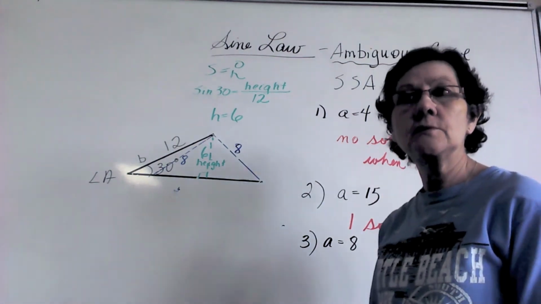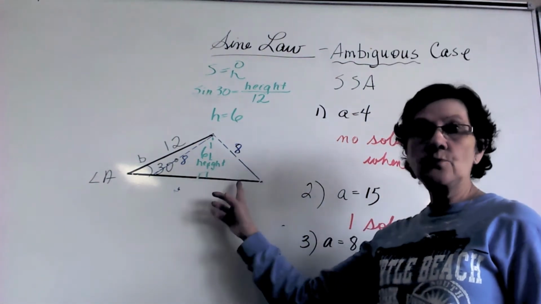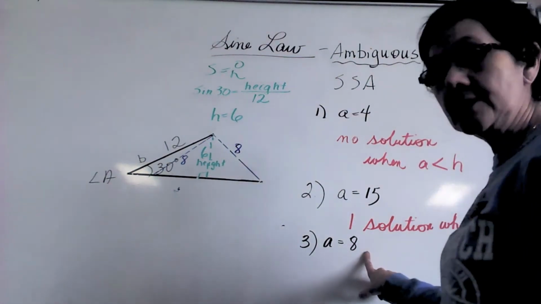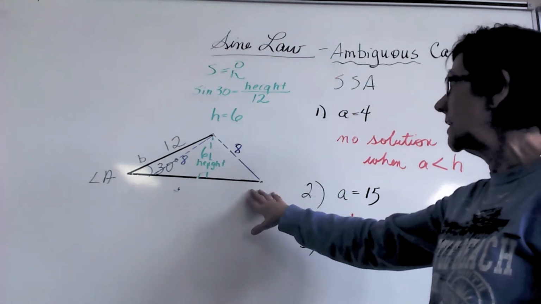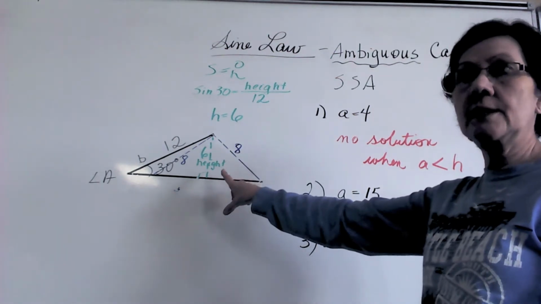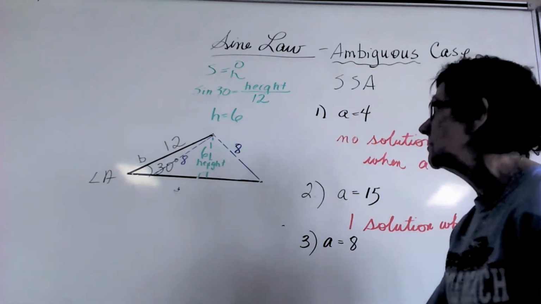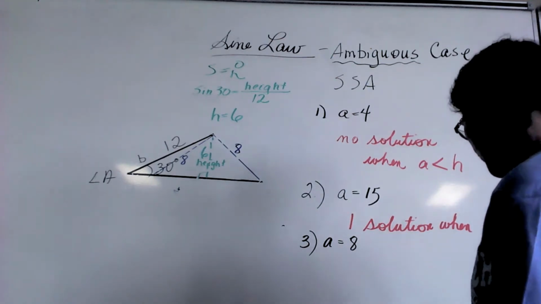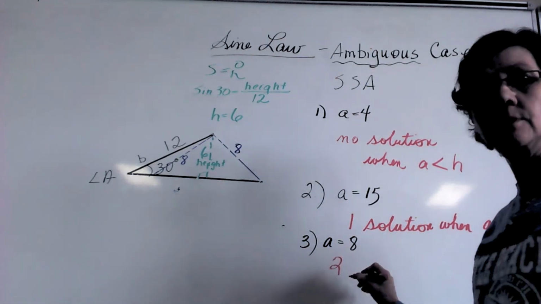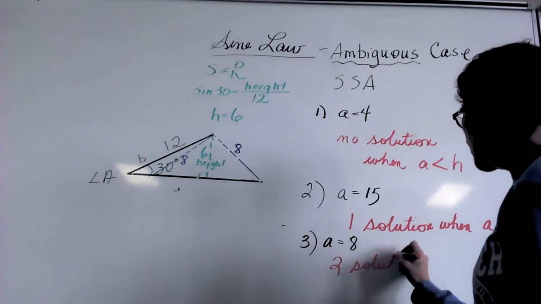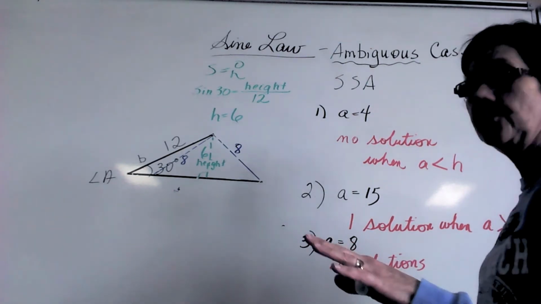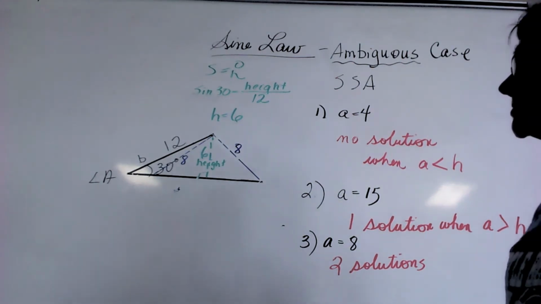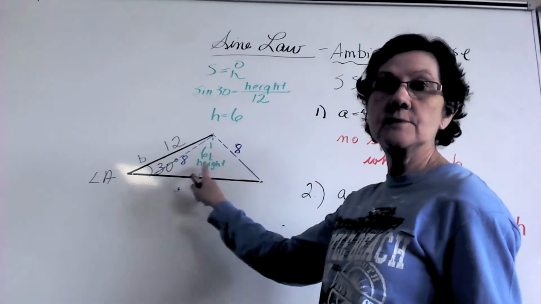So if I'm asking you to solve a triangle, you need to be watching whether there are 2 possible answers to that question. So in this case, this triangle has 2 solutions. That occurs when A, let's put this in here, 2 solutions, and it has to fit 2 criteria. 2 solutions when A is less than B, so our 8 is less than 12.